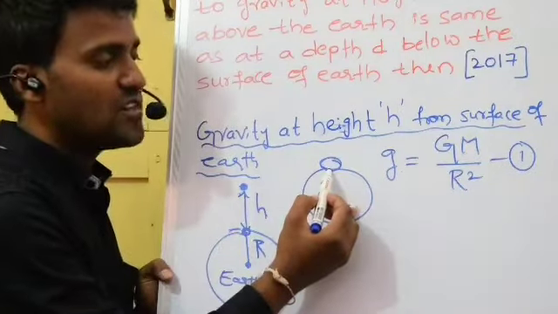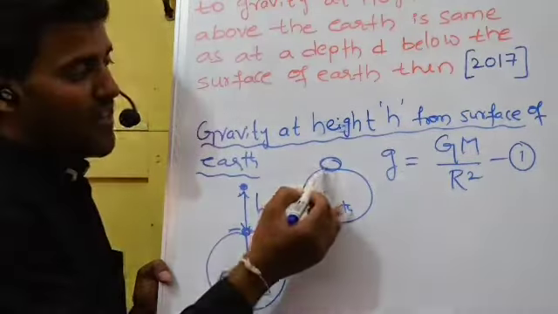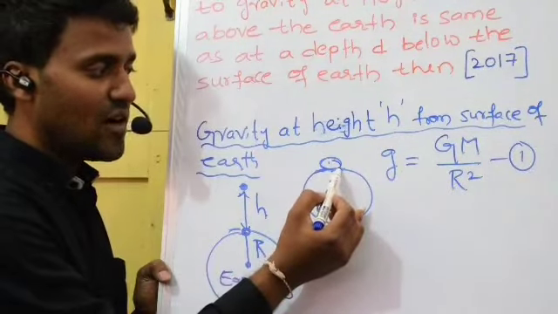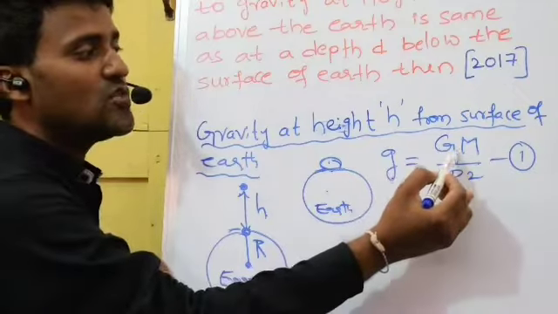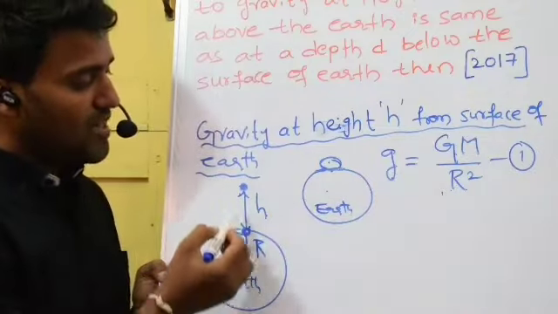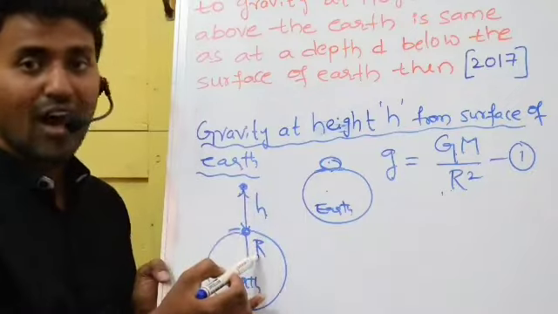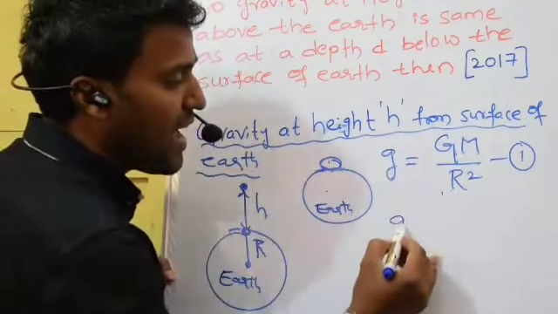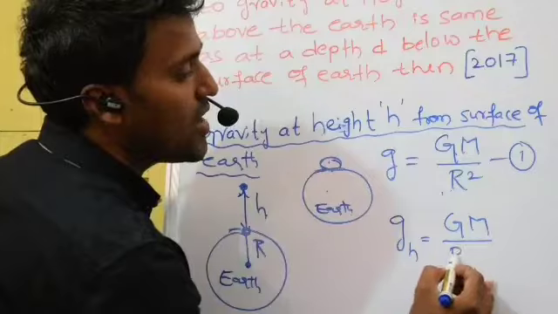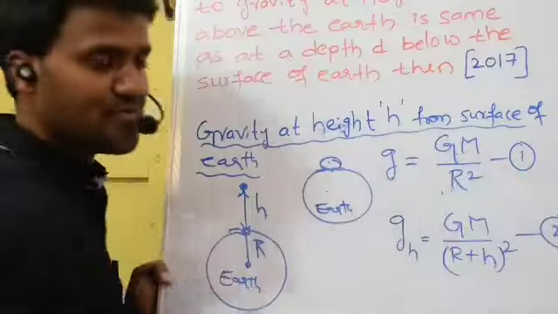Gravity on the surface of the earth, g is equal to GM divided by R square. This equation we derived already in the previous problem. And if the object is at height h, from here to here the distance is R plus h. So gh is equal to GM divided by (R plus h) whole square. That is equation number 2.